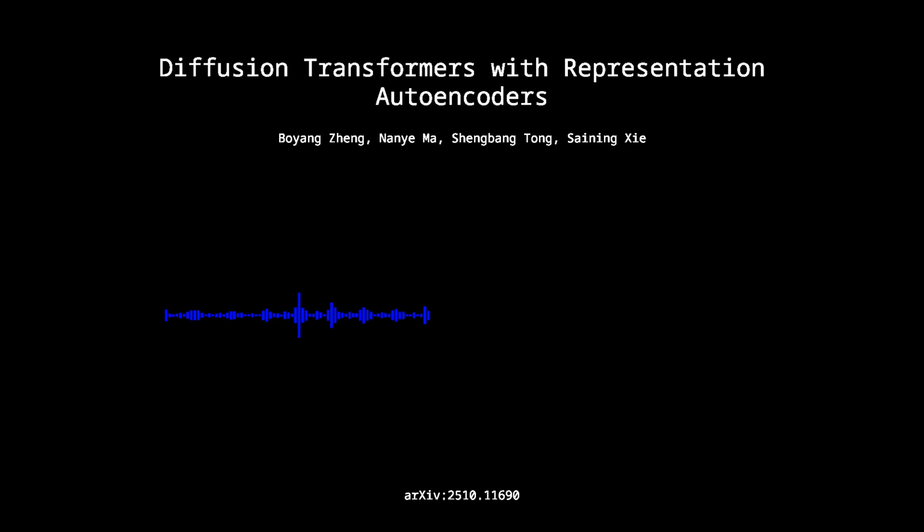So this comprehensive engineering effort, starting from the RAE foundation through the three essential training fixes and culminating in the DDT-H scaling solution, it all leads to state-of-the-art generative performance. Let's review the final metrics then. On ImageNet 256 by 256, Table 8 shows the results. DiT-DH-XL using the DINOv2-B RAE achieves a new state-of-the-art FID of 1.51 without guidance.